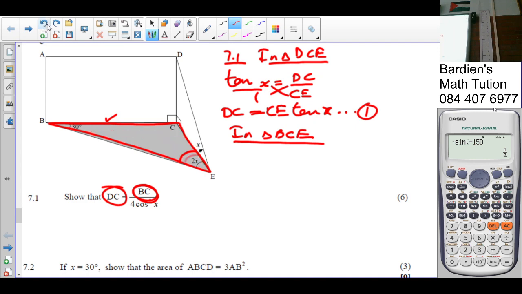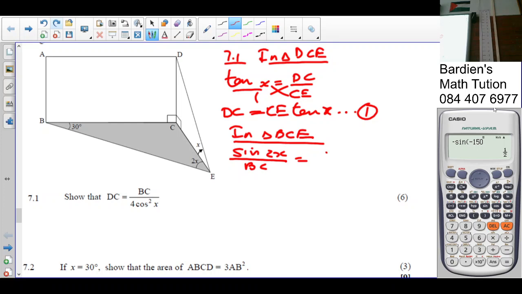So we are applying the sine rule here. Sine 2x over BC is equal to sine 30 degrees over CE. But I'm going to make CE the subject of the formula so that I can sub it back into equation 1.